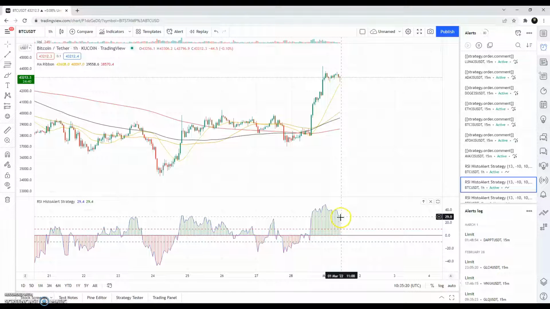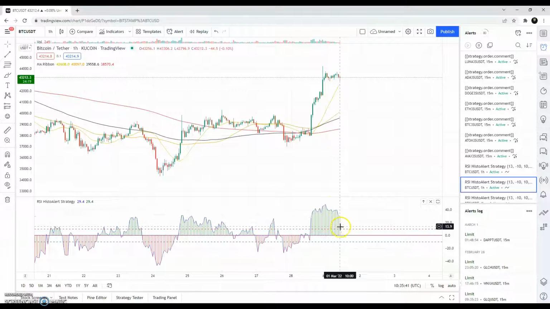We exit when the RSI histo gets all the way down back into this area, mainly around 0. When it hits 0, it's time to exit the trade, okay? And I'll show you that it usually does not fall very far down.